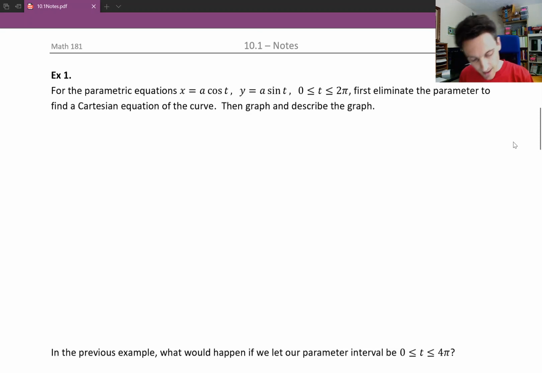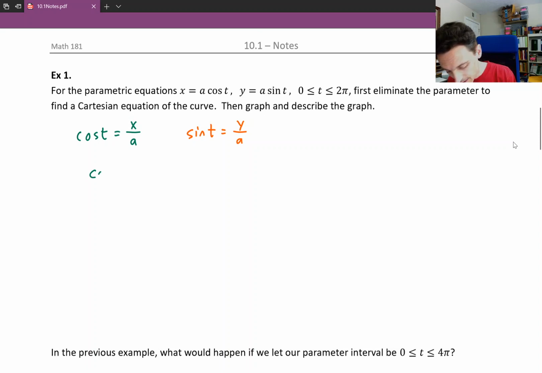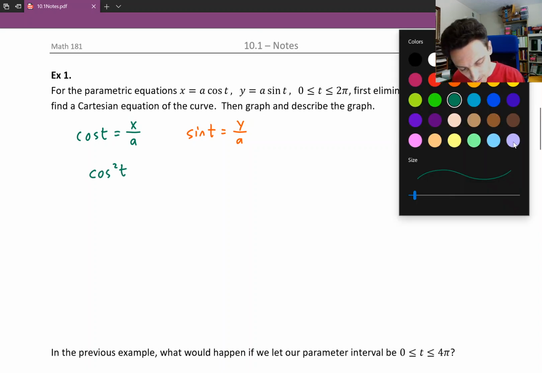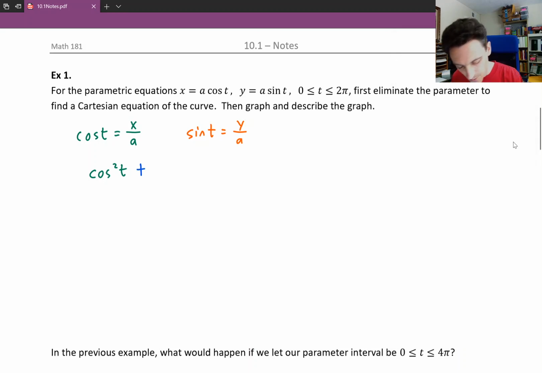So first, let's take each of these equations and solve them for cosine t for the first equation, and we get cosine t equals x over a. And then sine t for the second equation. Sine t is y over a. I'm going to write the Pythagorean identity as cosine squared t plus sine squared t equals 1, just to put the x's up in front in a moment.